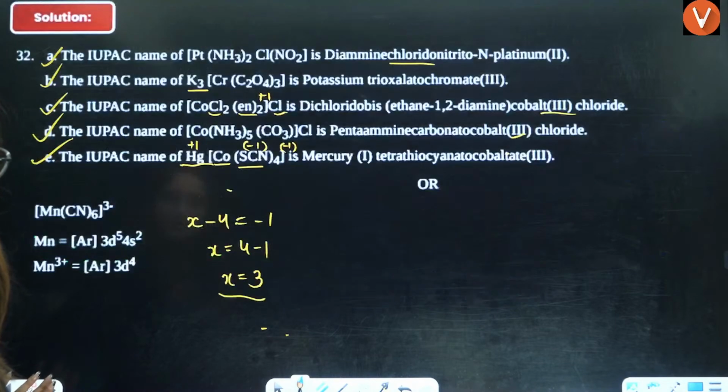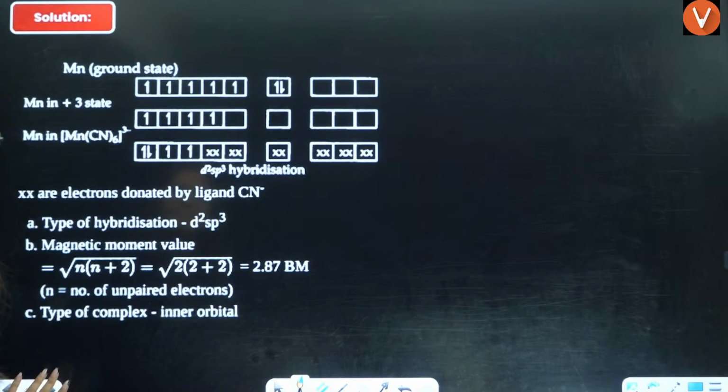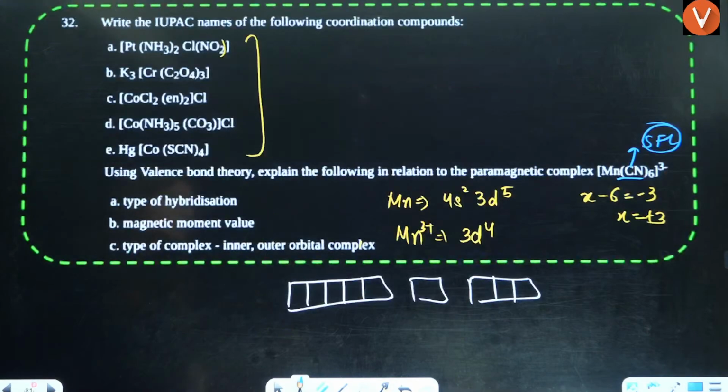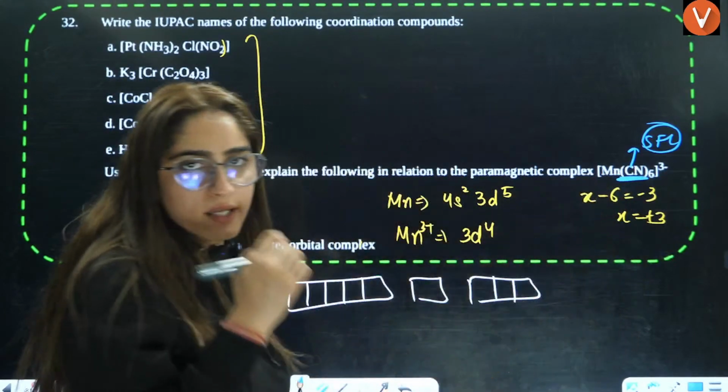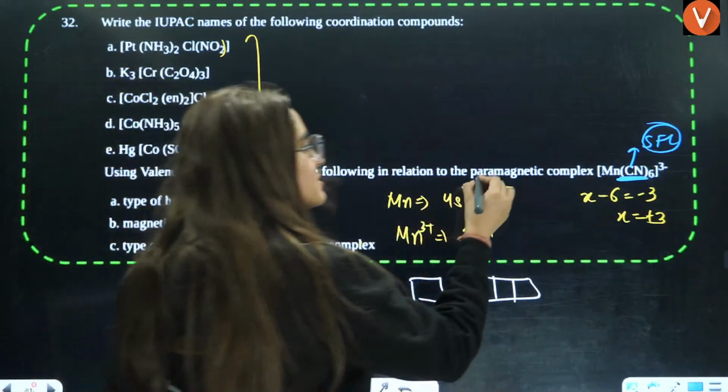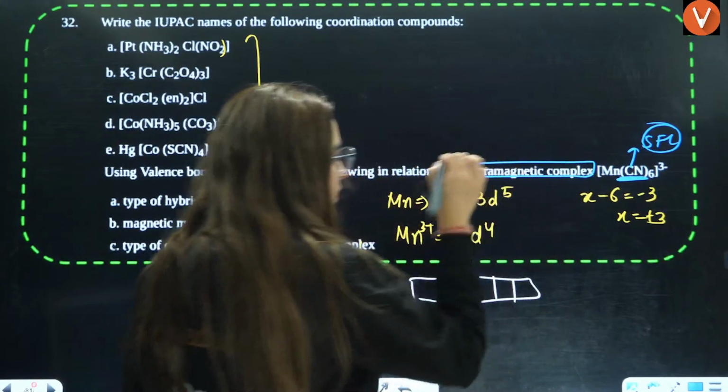Wait a minute, this is weird, a little bit weird this is. The reason I'll tell you. Because this is a strong field ligand, isn't it? But they have given us that this is a paramagnetic complex.